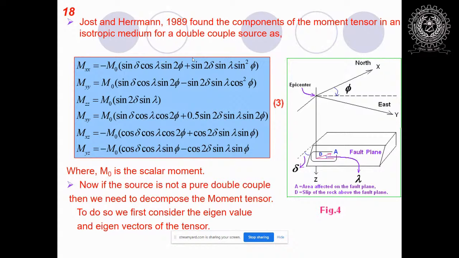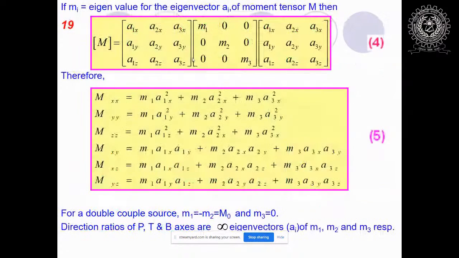For example, seismic waves will be produced if there is an implosion, as might occur in the Earth if a phase transition occurs, or due to the explosion of a bomb, etc. In that case, we need to decompose the moment tensor, and to do so, we first have to consider the eigenvalues and eigenvectors of the moment tensor M.